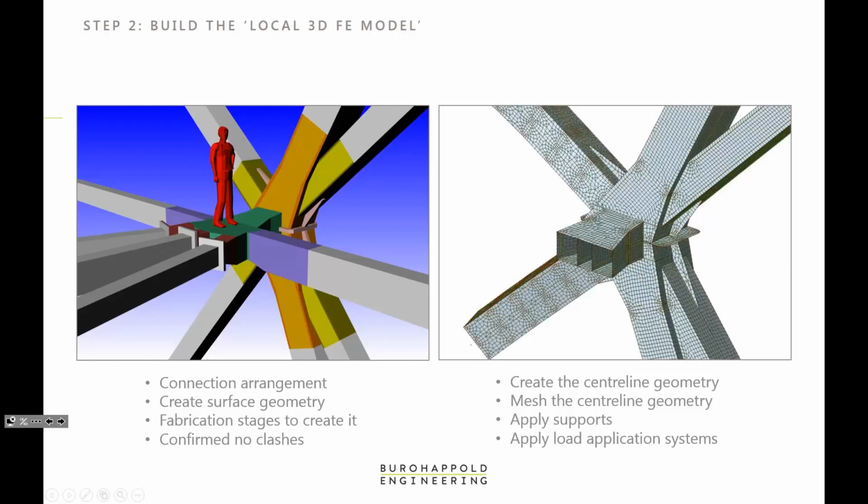When you do a finite element model of a plate, you've got to model the centre of the plate, not the outer surface, which is what we've already created. So we now need to create the centerline geometry. We've got to apply supports, because in order to analyse them, it's got to have some supports. And we've got to work out how we're going to apply our forces, once we've grabbed them, to this finite element model.